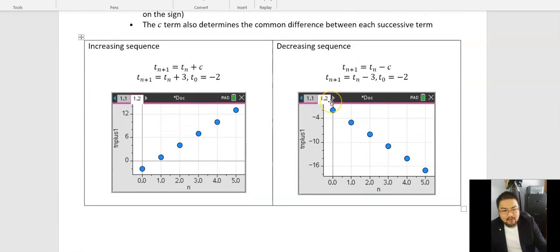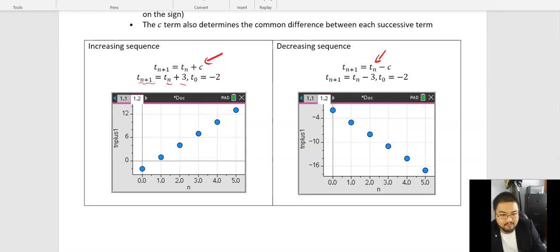So let's have a look at an increasing sequence and a decreasing sequence. You can see with this one here, you've got the general recurrence relation for arithmetic sequences. The b value is not there because it is an arithmetic sequence. Tn plus 1 is equal to Tn plus 3.